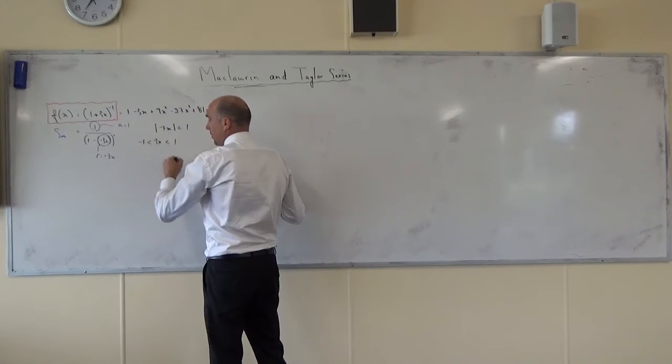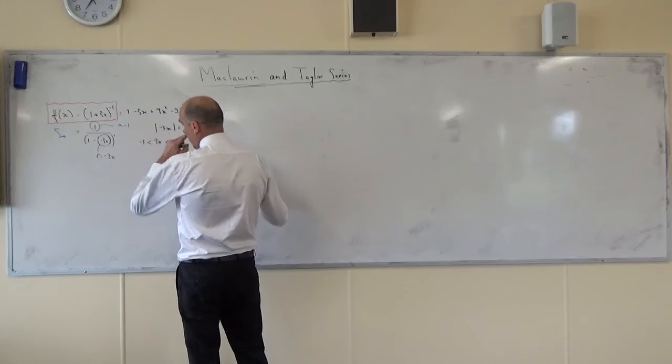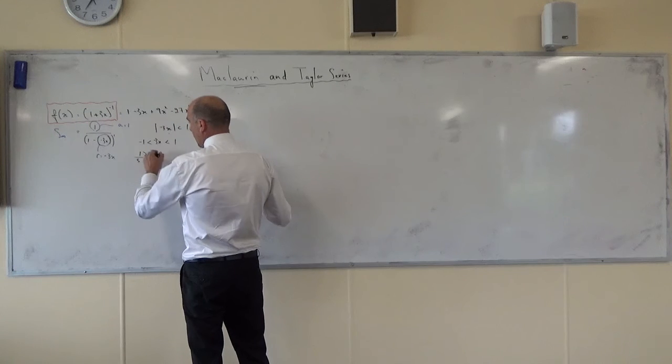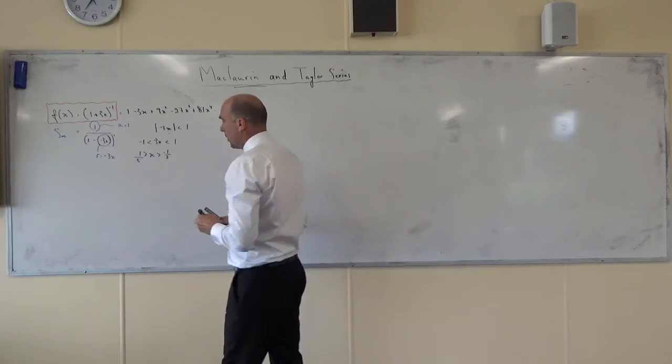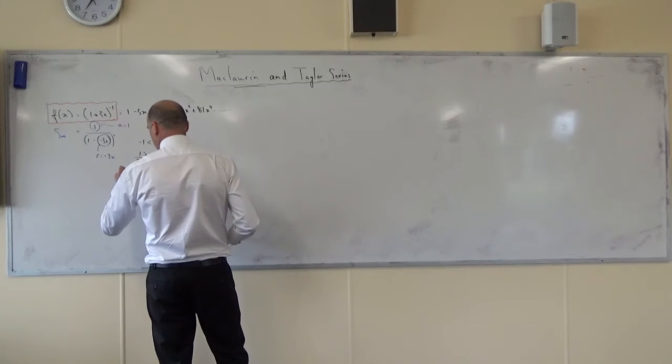Divide by negative 3, so we end up with 1 on 3 being greater than x, which is greater than minus 1 on 3. I don't like writing it like that, so I'm going to write it like this.